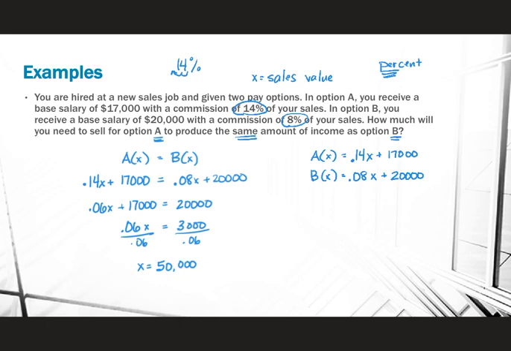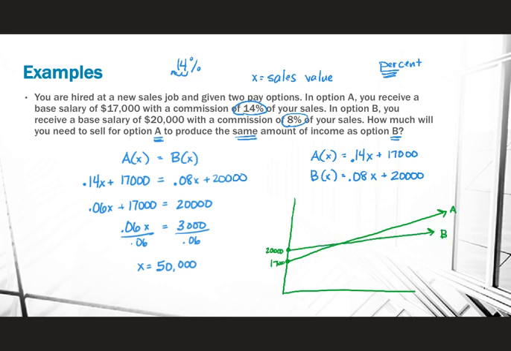Okay. Now, just as a side point, so that you can understand what this is really asking us to do. If I graph A of x, I'm going to start at 17,000, and then I'm going to grow at 14%. So there's A of x. If I graph B of x, I'm actually going to start a little higher, at 20,000, but I'm not going to grow as fast.